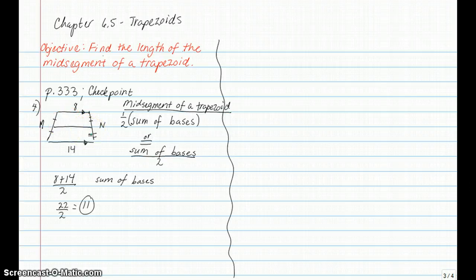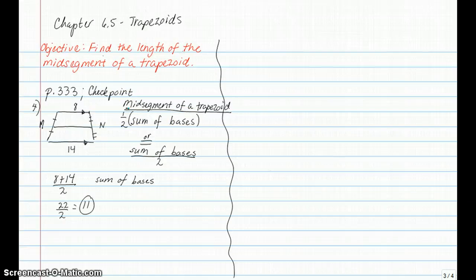When you cut the legs in half, the mid-segment is MN. You get two congruent parts where the M is, and two congruent parts where the N is. The formula for the mid-segment of a trapezoid is to take the sum of the bases and take half of them. That's the one they will give you in the textbook. Taking half of something is like dividing by 2.